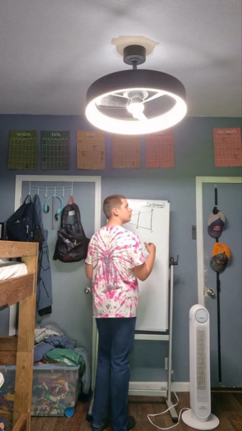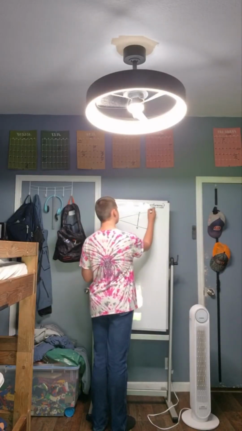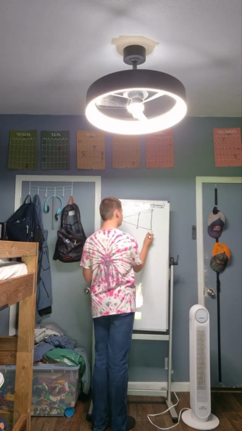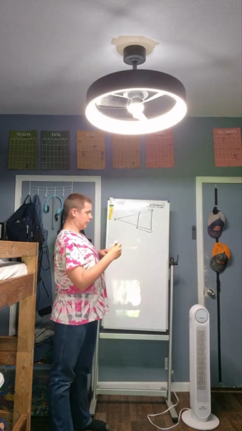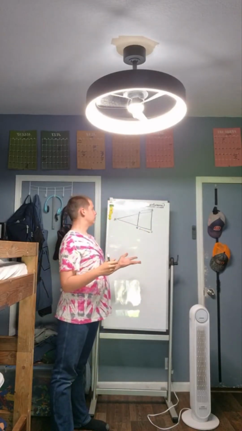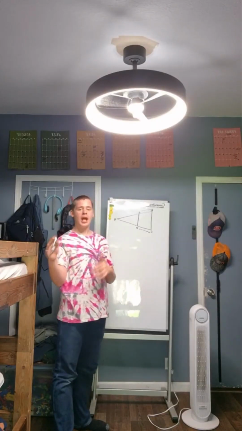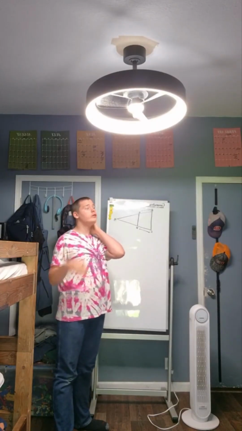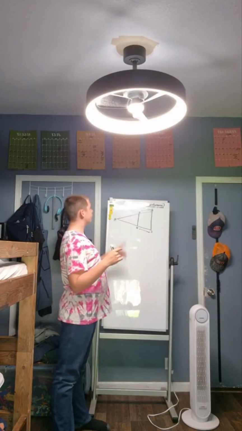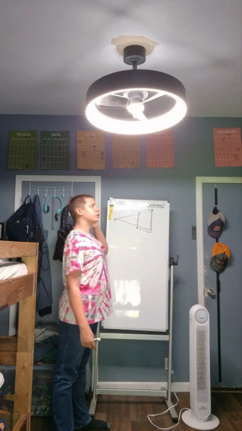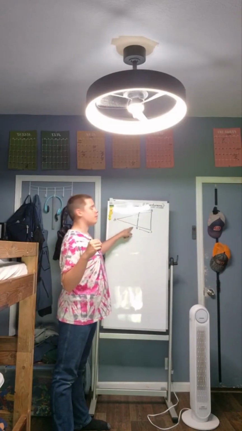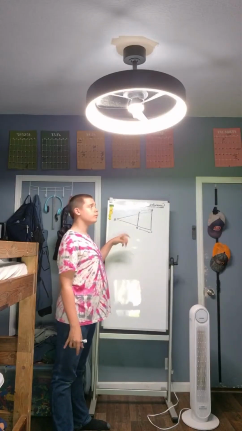So if segment AE is equal to CD, then the segment, the line A to C, the points A to C, will be parallel to the line of points E and D. Okay?